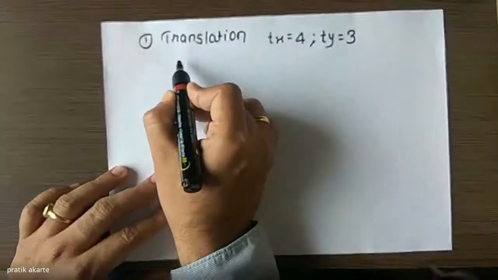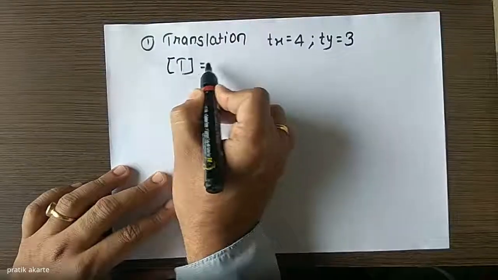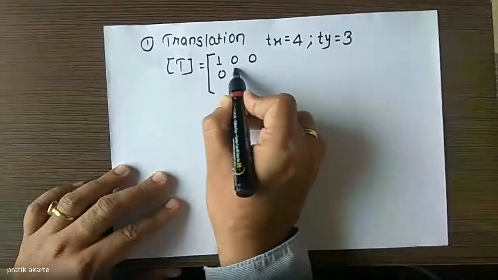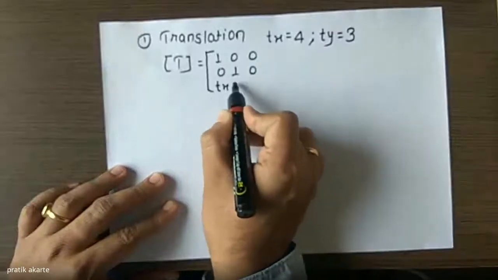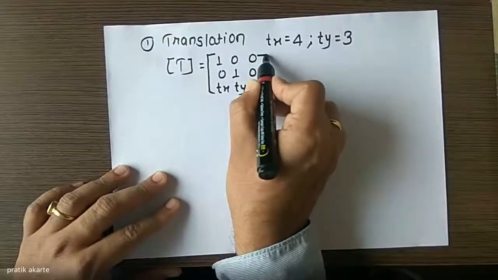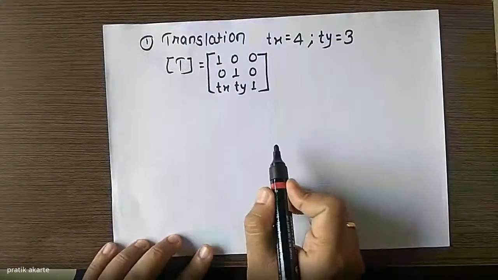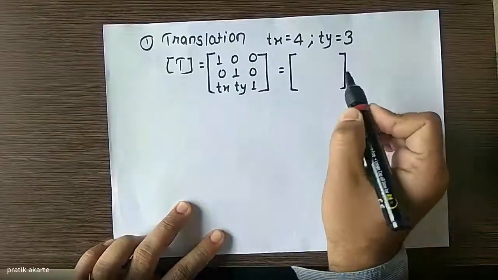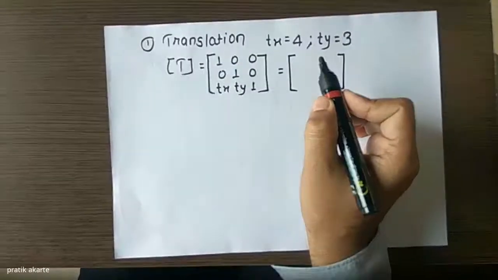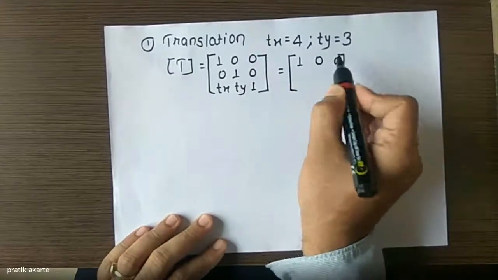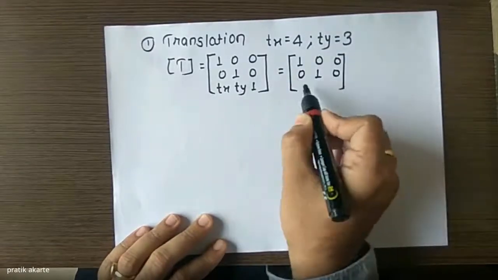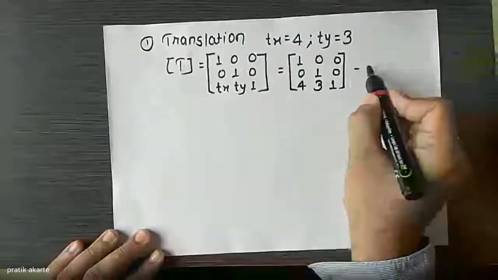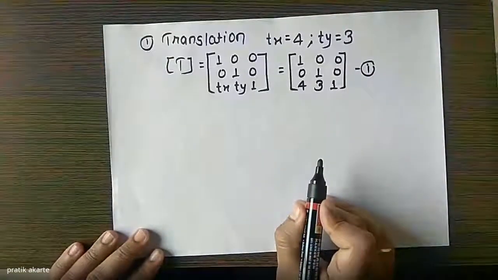So we write the translational matrix as [1 0 0; 0 1 0; Tx Ty 1], and if you put the values, this matrix will be [1 0 0; 0 1 0; 4 3 1]. So this is your first transformation.